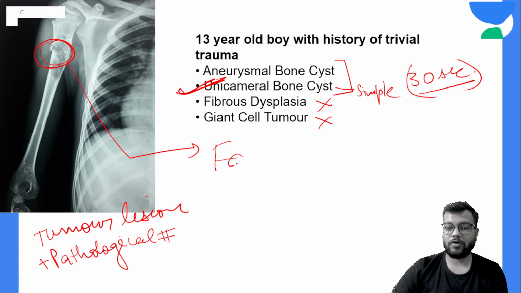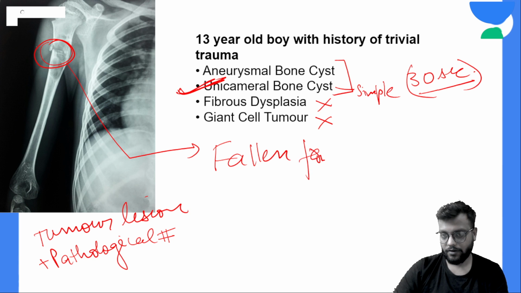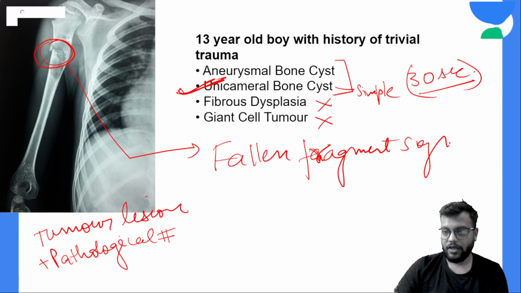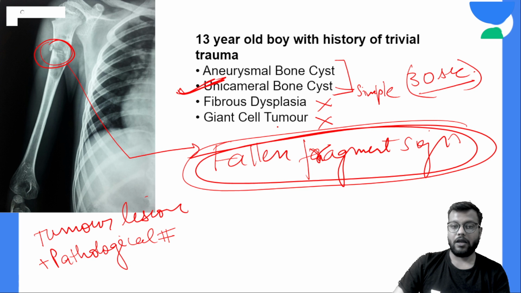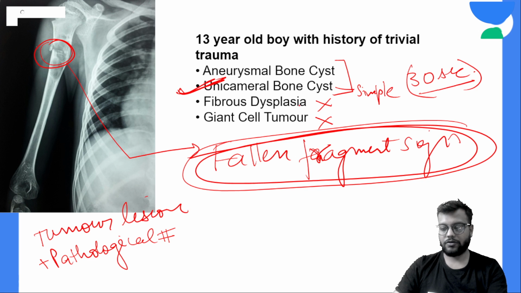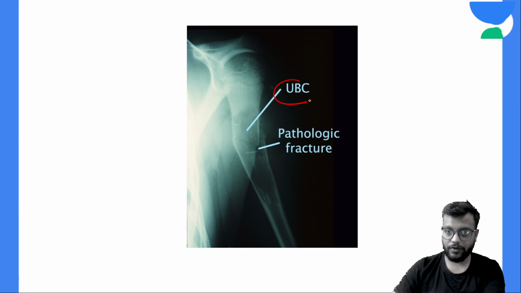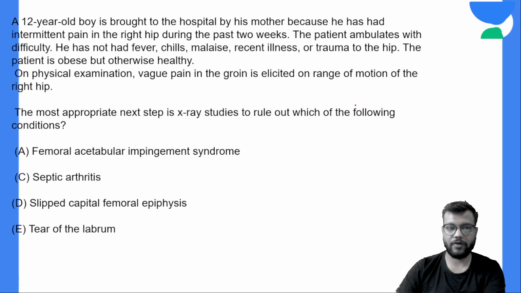The pathological fracture that happens, this is your fallen fragment sign, which is the characteristic feature of the simple or unicameral bone cyst. This is a unicameral bone cyst with pathological fracture.